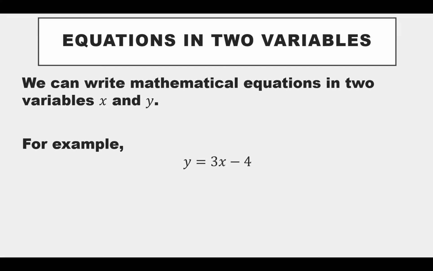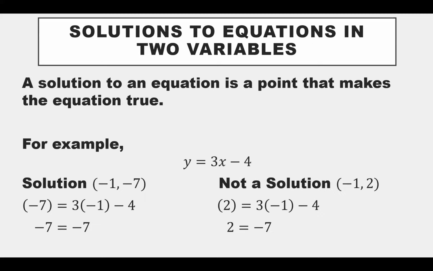So for example, here's a very straightforward equation, y equals 3x minus 4. A solution to that equation is a point that makes the equation true when I plug in values for x and values for y.